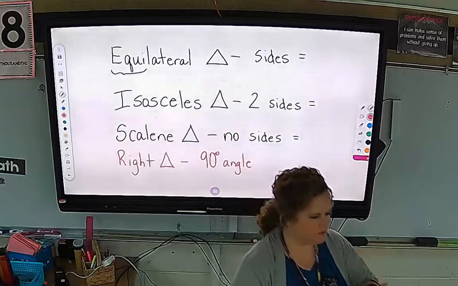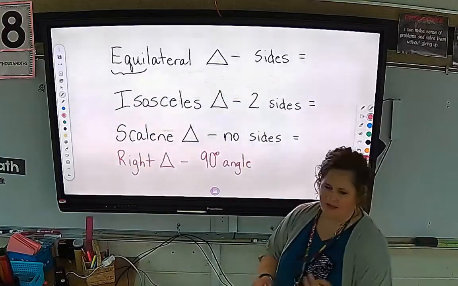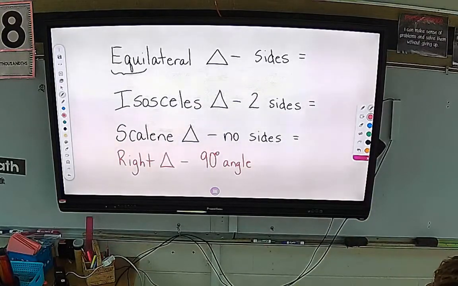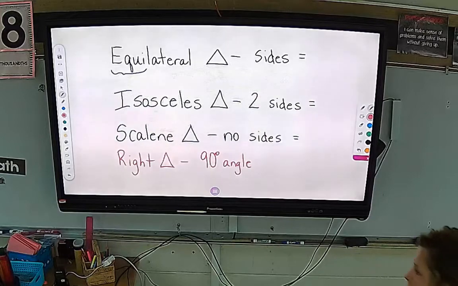There are two other types of triangles. I just kind of gave this away, but can you have acute angles in a triangle? Y'all said you found them, right?